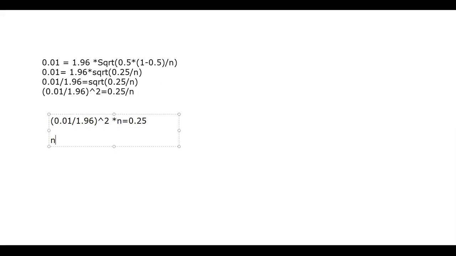So n is equal to 0.25 divided by 0.01 over 1.96, that whole quantity squared. This whole thing is in the denominator. I'm going to put brackets around it to emphasize that this whole piece is in the denominator.